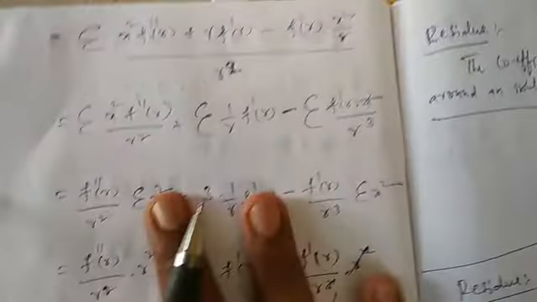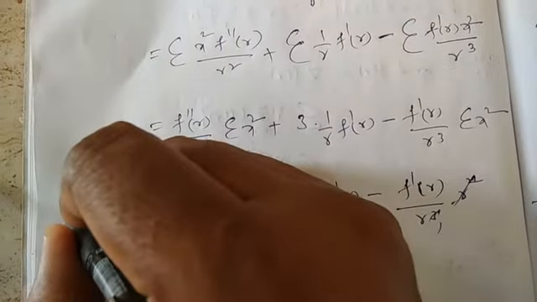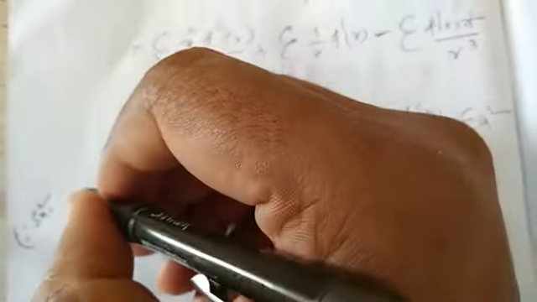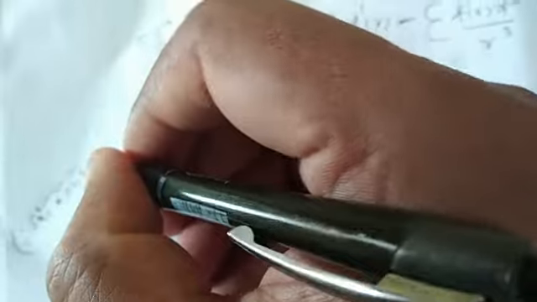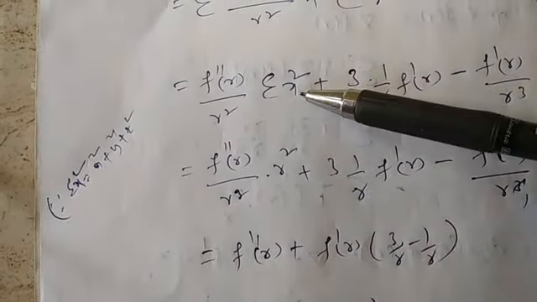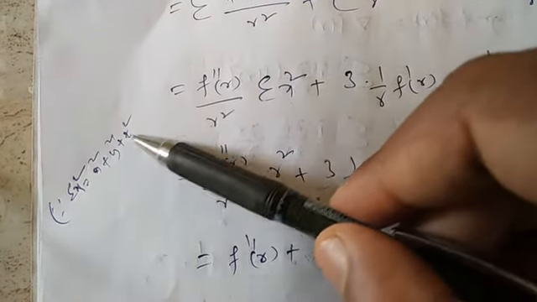Okay, now for Σ x² we have x² and y² and z², right? In this x we have y and z, that splits into Σ x² = x² + y² + z².